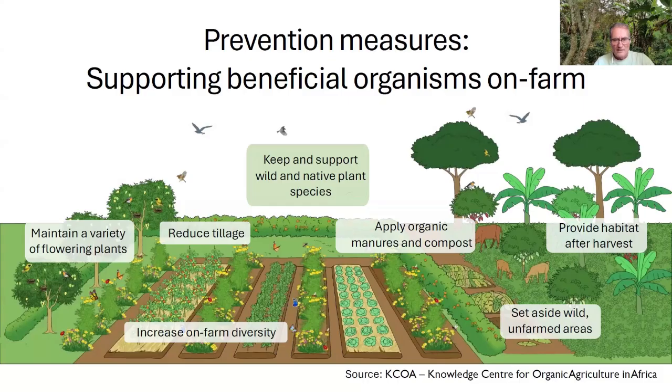To the left side and also to the right side, you can see maintaining a variety of flowering plants, providing some habitat after harvest. You may set aside some wild, unfarmed areas. So all this is also important for annual crops.